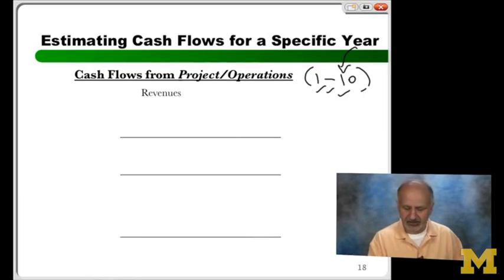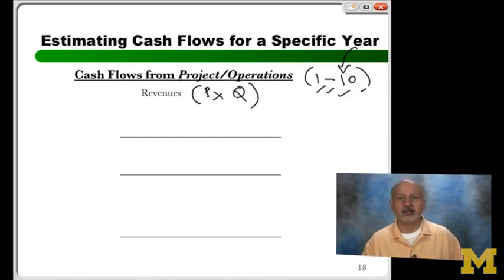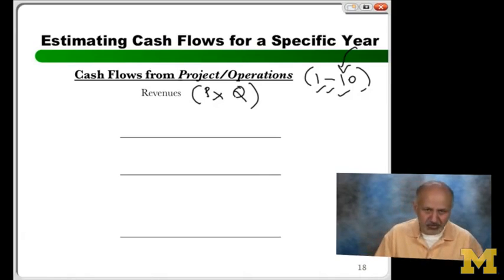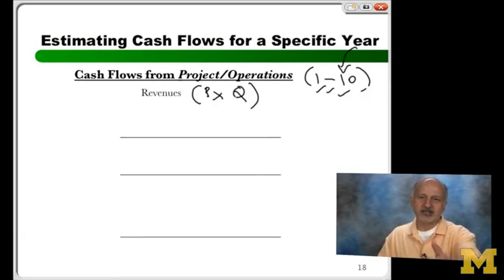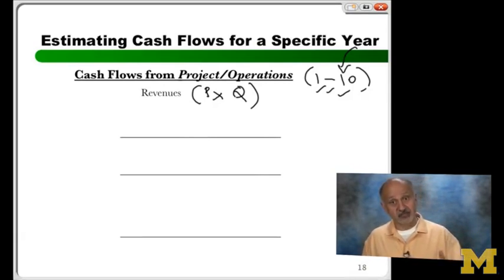Okay? What is revenues? Remember, price times quantity. It's very straightforward. Why is it straightforward? Because usually you have something to sell, and the quantity of it determines what the number of units are. And what is the price?